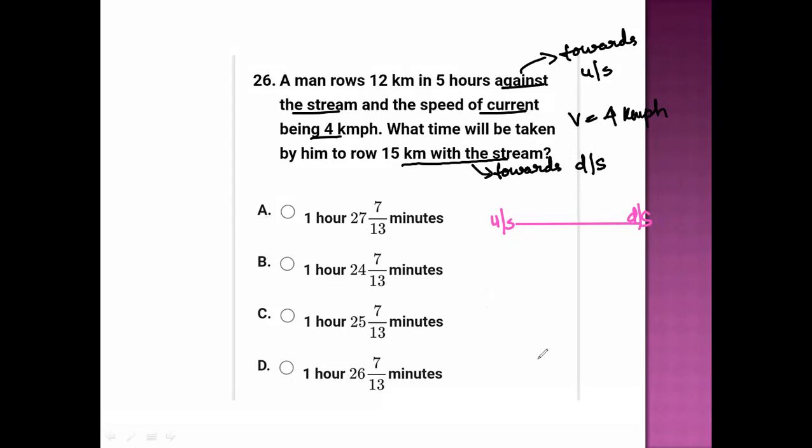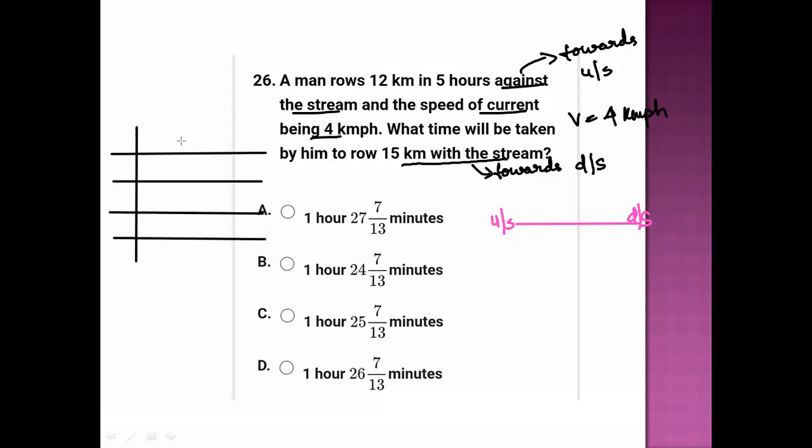Okay, so now what we are doing here, I'm using a table here. I call this upstream and I call this downstream.